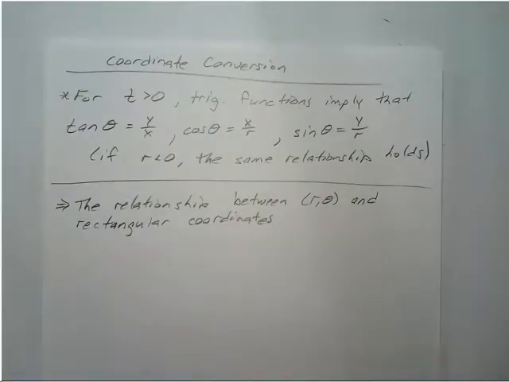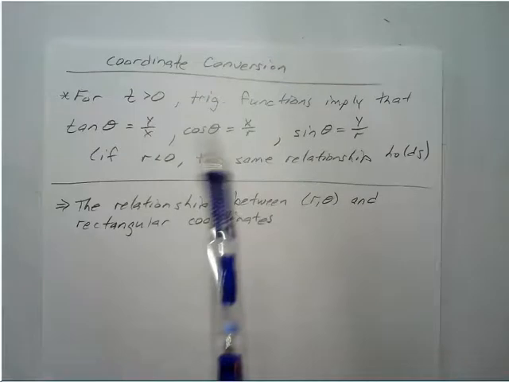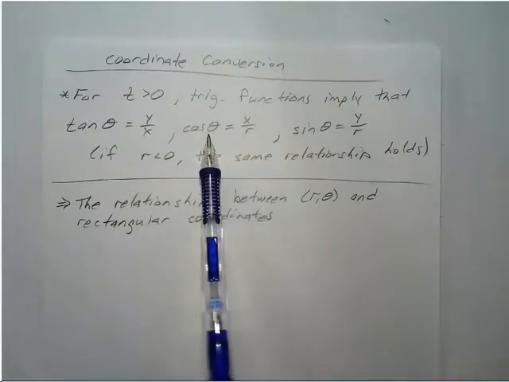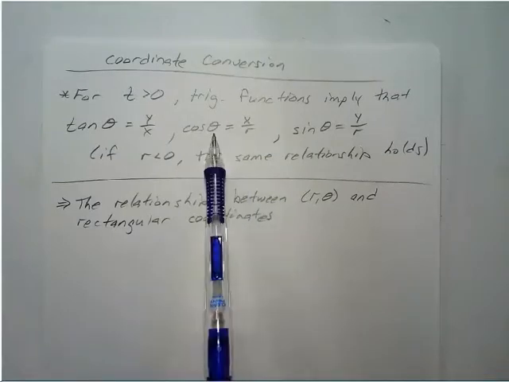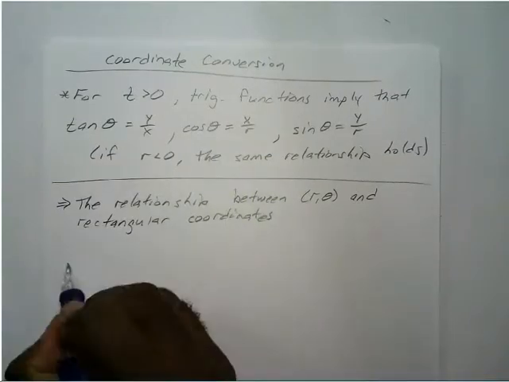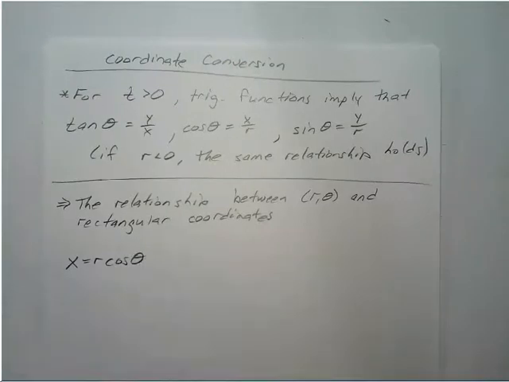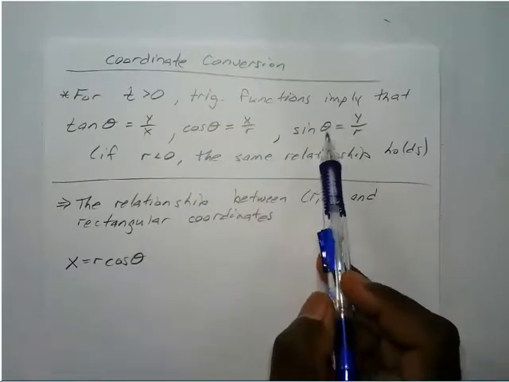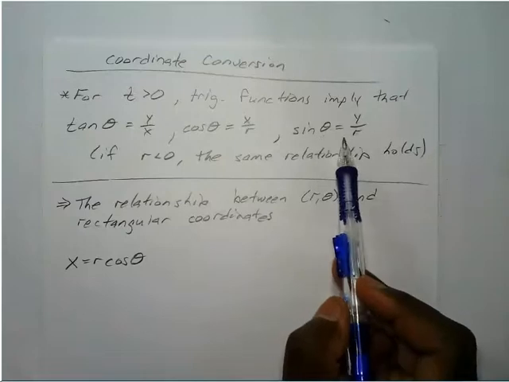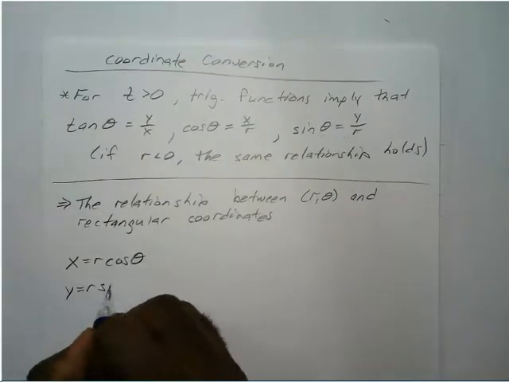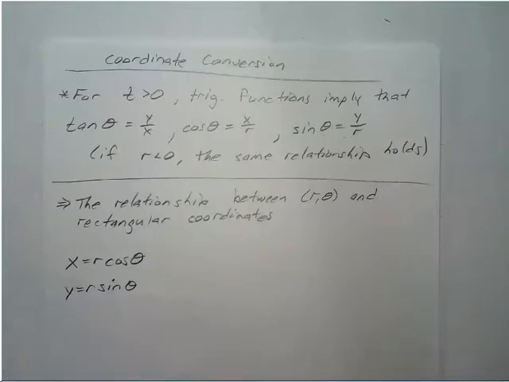All right, so what we're going to do here is we multiply both sides of cosine theta equals x over r by r, and we end up with x equals r cosine theta. Same thing with sine theta. If we multiply both sides by r, we end up with y equals r sine of theta. Okay, so as long as you have your r and your theta, you can solve for x and y.